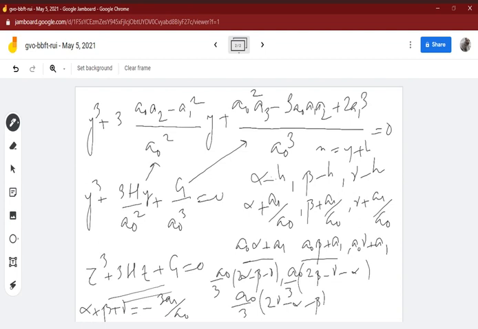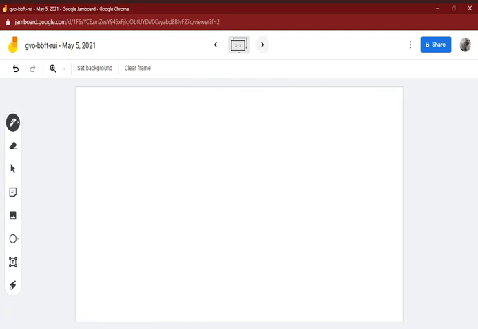Now we will do the general solution of a cubic equation. We use Cardan's method to solve a cubic equation. Is that clear? I think that thing is important for you. So we have done how to write the standard form of a cubic equation. Now next we solve the cubic equation.